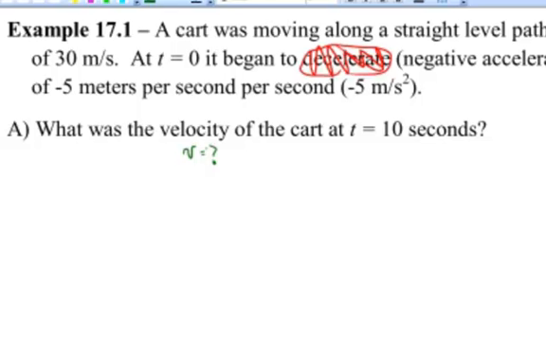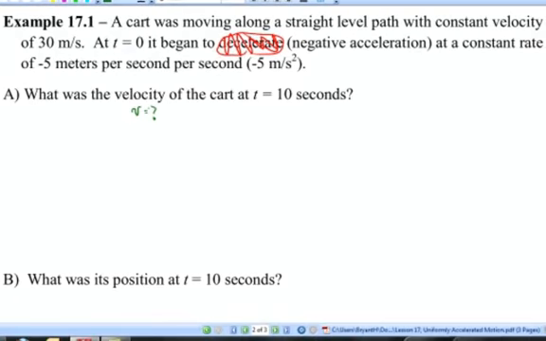We're trying to figure out what v is equal to. They told us at the beginning that the cart started moving with a constant velocity of 30 meters per second, and then it started doing something at t equals 0. So we can say that v naught is plus 30 meters per second.